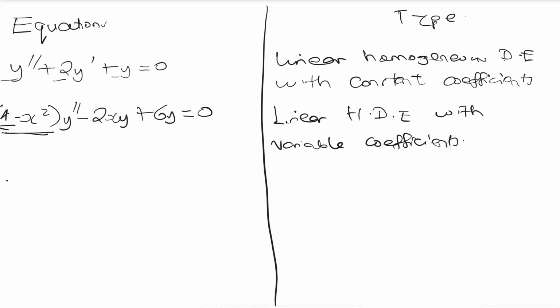Another form of equation is plus 6y is equal to e power x. Because of this, it will be a linear non-homogeneous differential equation, but with constant coefficients.